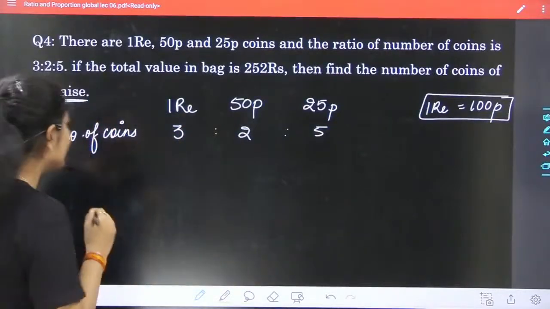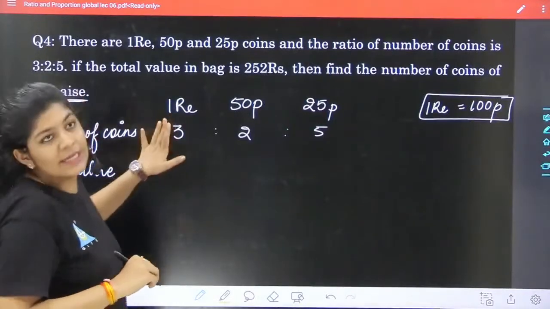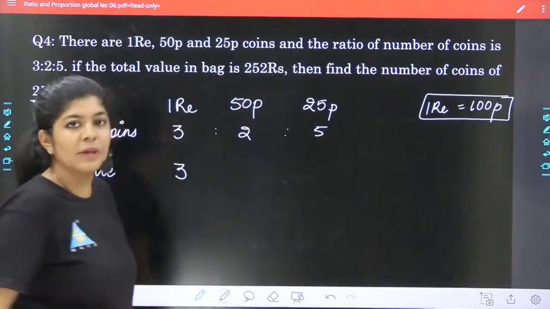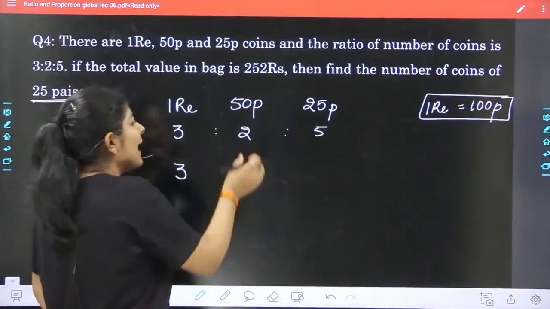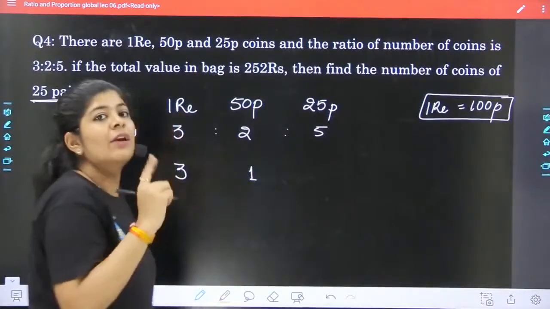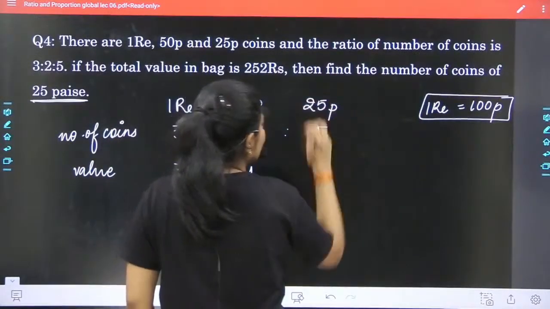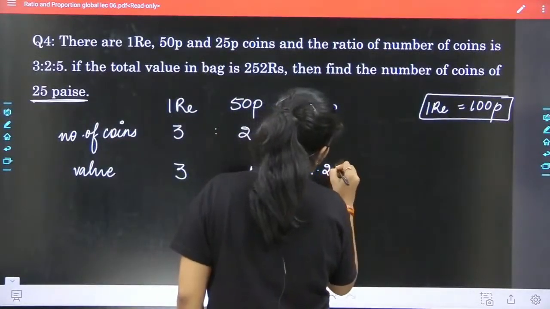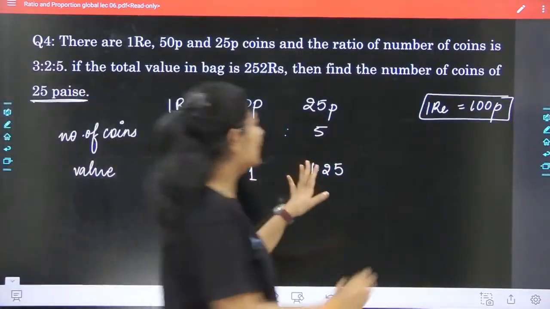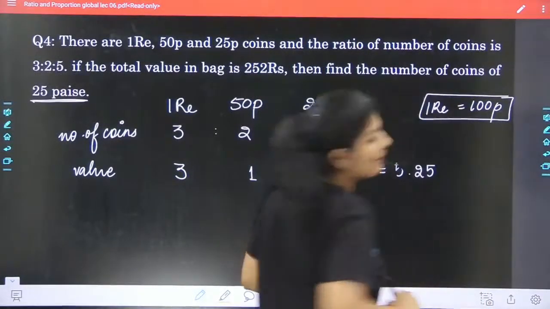Now if I calculate the value of them: 3 coins of 1 rupee means I am having 3 rupees in my bag. 2 coins of 50 paisa means 1 rupee. 5 coins of 25 paisa means 1 rupee 25 paisa. In total, I am having 5 rupees 25 paisa in my bag.